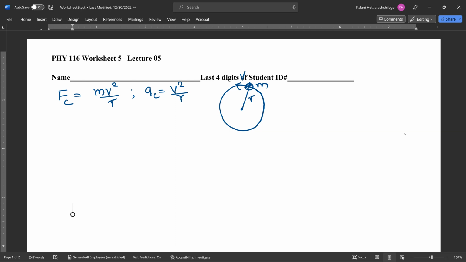Now, centripetal force will not be drawn on your free body diagram, because centripetal force is another force that can be a friction force or a tension force. It depends on the situation, right? Because of that, we do not label the centripetal force as a force in the free body diagram.